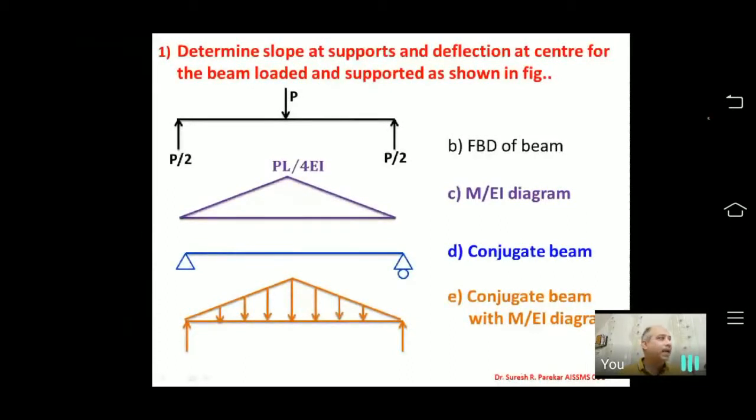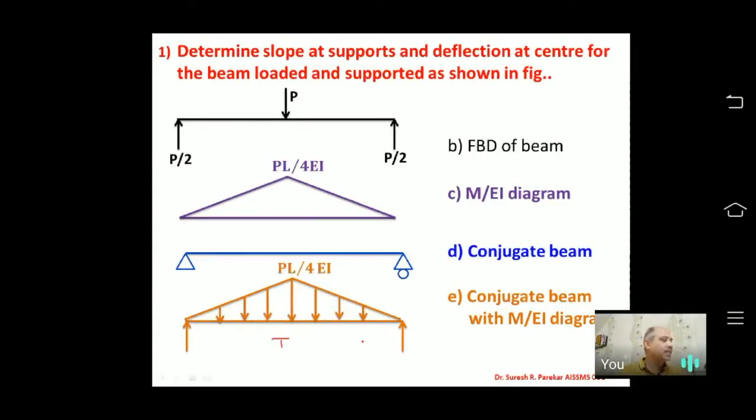Compression is at the top, so we have compression above the line and tension below the line. As tension is below the line, I have plotted these arrows in the downward direction. Keep in mind, tension below means my arrows are downward. That is most important, and once I know this, the remaining things are simple.